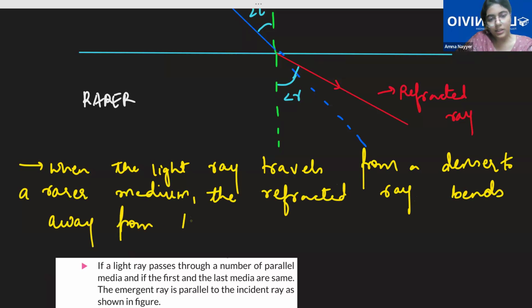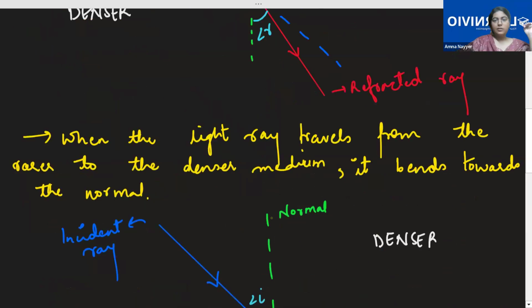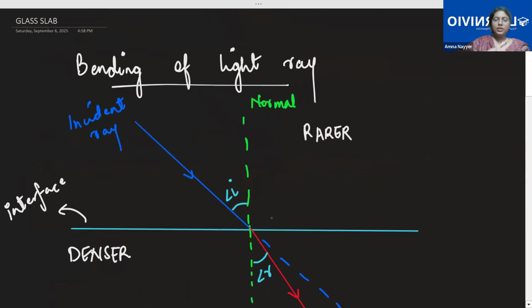Okay, clear? Yes, ma'am. So away and towards, you just have to remember which medium to which medium and what exactly is the meaning of away and towards. That's it. Fine?